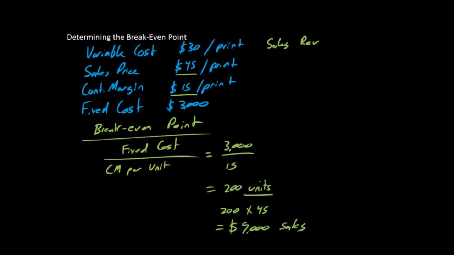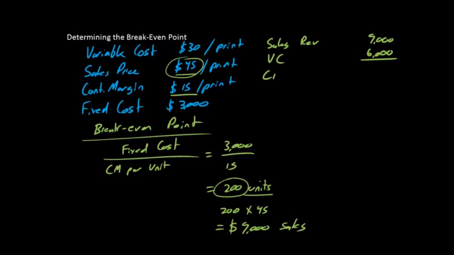And we know we have our sales revenue, and let's just say that we sold 200 units. This is what it takes to break even. So it takes us 200 units times $45 a unit. So our sales revenues are 9,000, and then our variable cost is $30 a unit, and we sell 200 units.